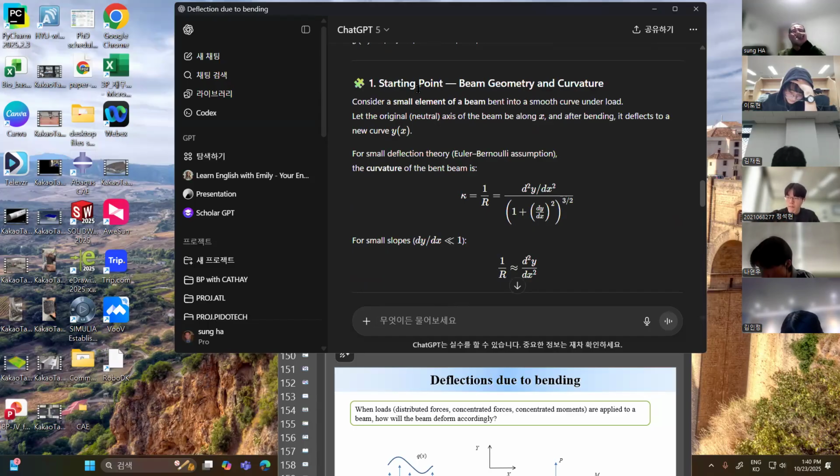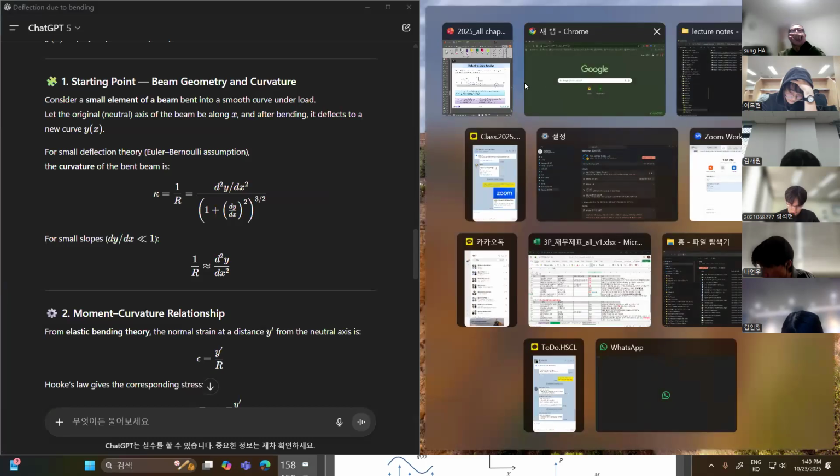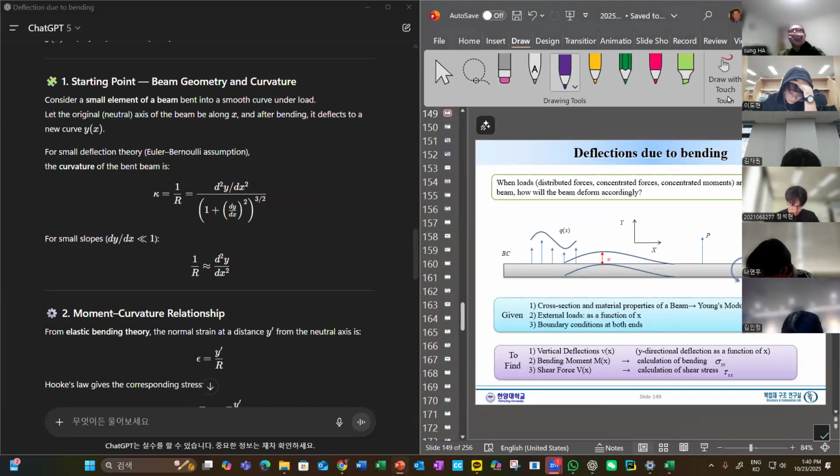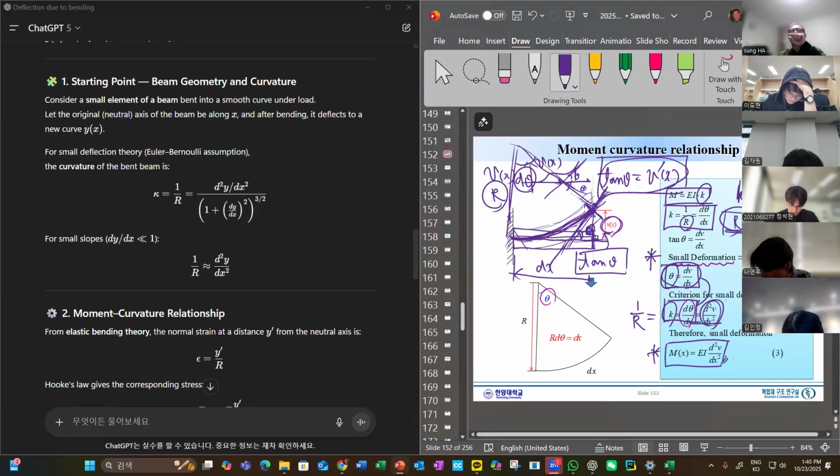The starting point is that the curvature k is given as 1 over R. Let me arrange it like that. 1 over R is the curvature. Now, this is the precise geometric relation. Curvature at any point.